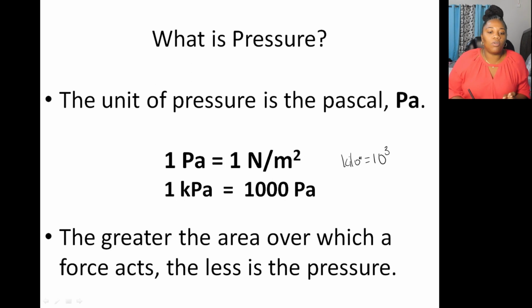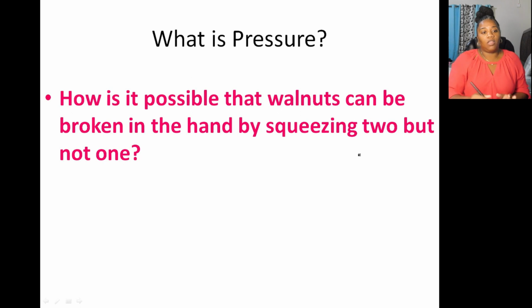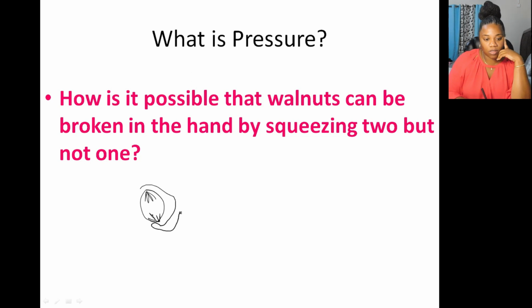The greater the area over which a force acts, the less pressure it's going to feel. But how is it possible that walnuts can be broken in the hand by squeezing 2 but not 1? Well, I didn't even know how to answer this question at one point, and then a student came up with a great idea. If this is the hand and we have a walnut here, and we have a hand, do not judge my hand, okay?